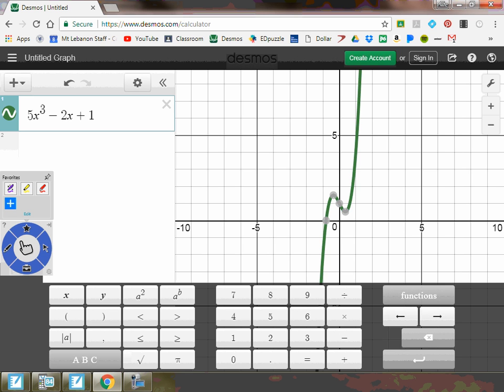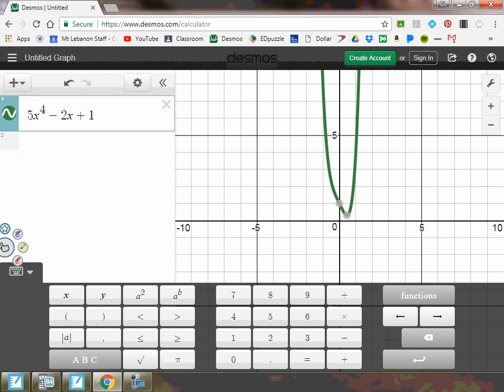Let's toggle back and forth between the lead coefficient, 5, being positive, which is now, and negative. Negative, not negative. Negative, positive. Which one would hold the water if you poured the water in? Positive.